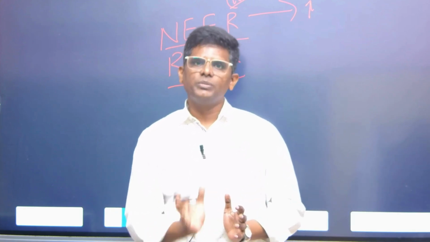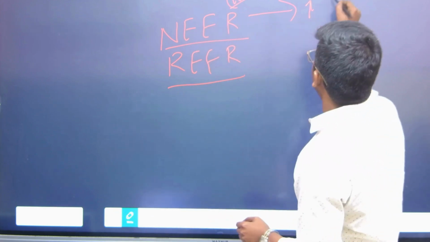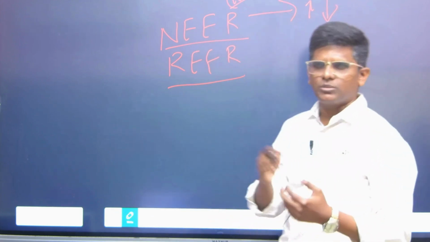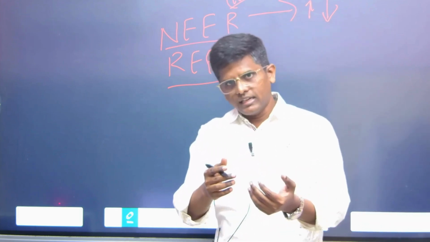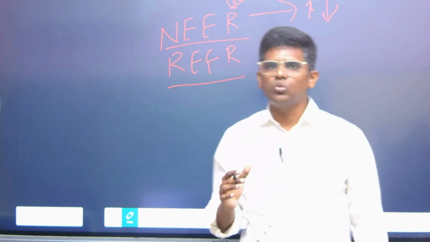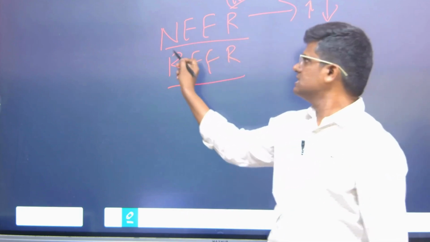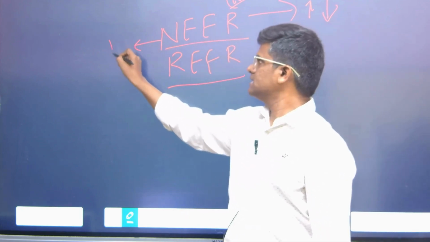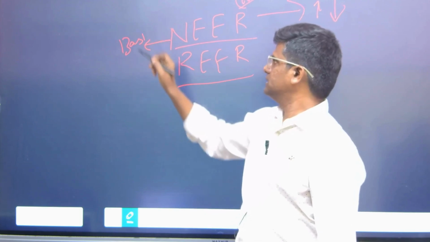So the rupee is increasing its value, and if NEER goes down compared to 100, suppose it becomes 99, 98, it means the currency is depreciating. Economists want to check appreciation and depreciation using the net effective exchange rate. This is linked to a basket of currencies, and in NER we are checking only one currency.